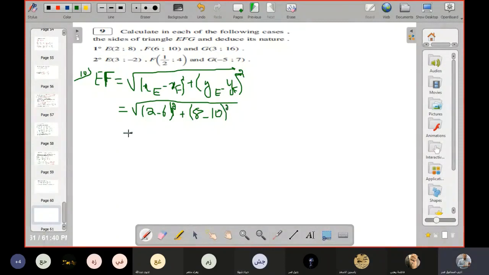We complete the calculation. 2 minus 6 is minus 4, squared is 16, plus 8 minus 10 is minus 2, squared is 4. So EF is equal to radical 20.